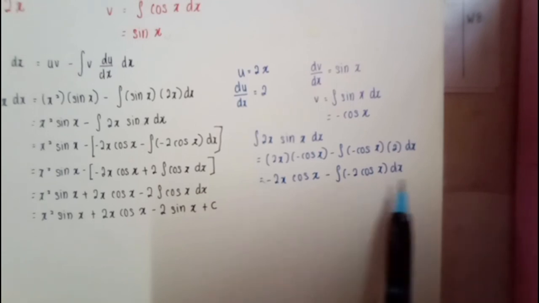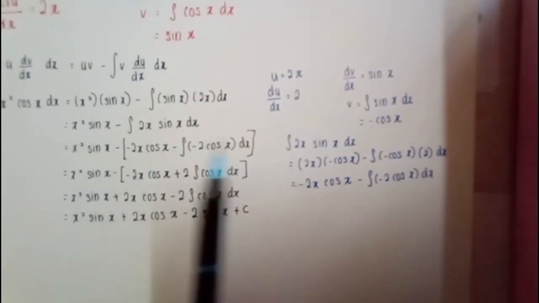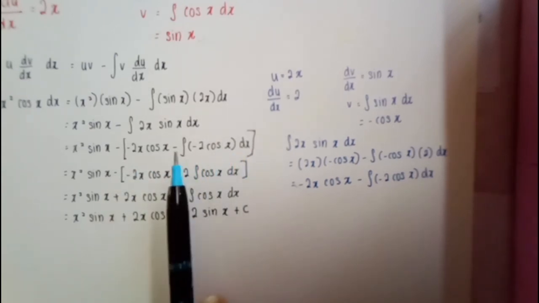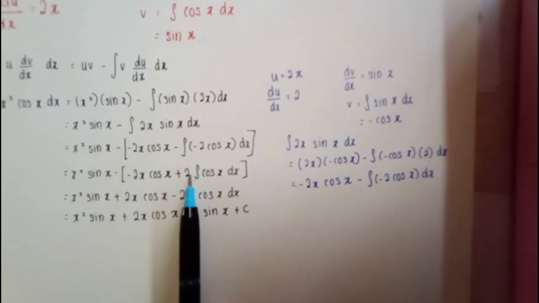Now we are going to substitute this answer into the main calculation, which is here. We bring this negative 2 out from here, and it will be positive 2. Now we open the brackets.